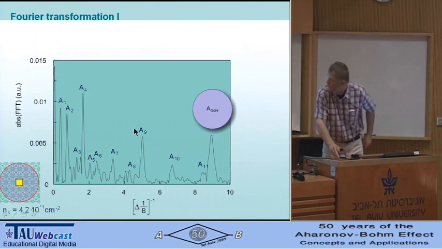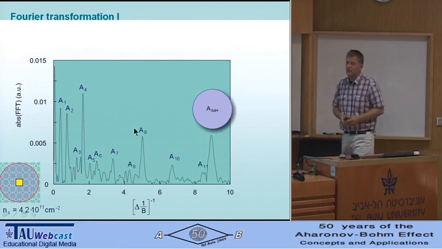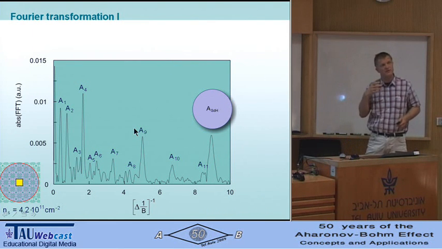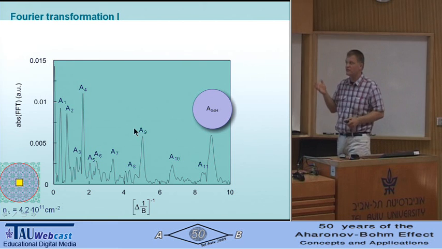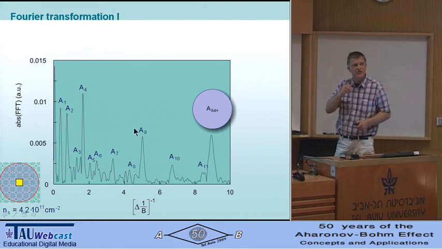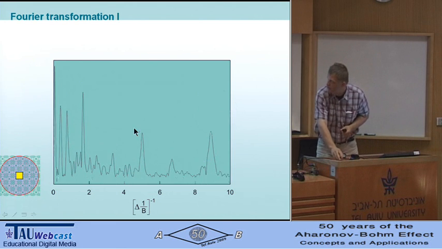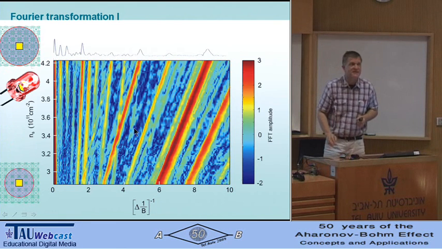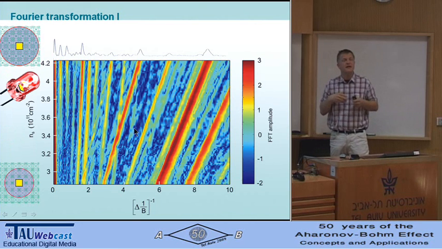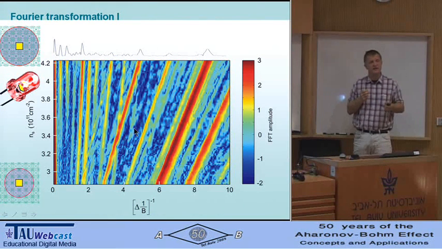Okay, so one thing that we can do to help identify which orbit is responsible for these oscillations in our experiment is to change the density. As we move the Fermi energy, these orbits are going to change in size, and presumably this density dependence will be specific for each orbit. We can do that by using the persistent photoconductivity effect in gallium arsenide, aluminum gallium arsenide heterostructures.